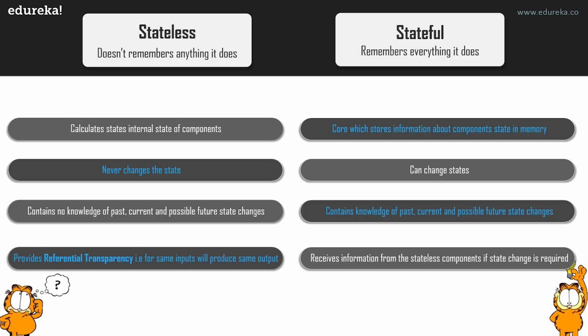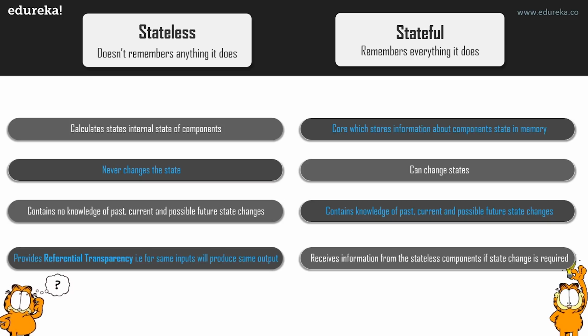So for example, if there was an initial state which you have set using this.state, and you want to change or update that state using this.setState, stateless components don't contain any knowledge of the past events. Only the current and possible future state changes can be tracked in stateless components. When we talk about stateful, they have knowledge of the past, current, and possible future state changes values. So that's why they are called stateful, because they keep track of the previous state also.